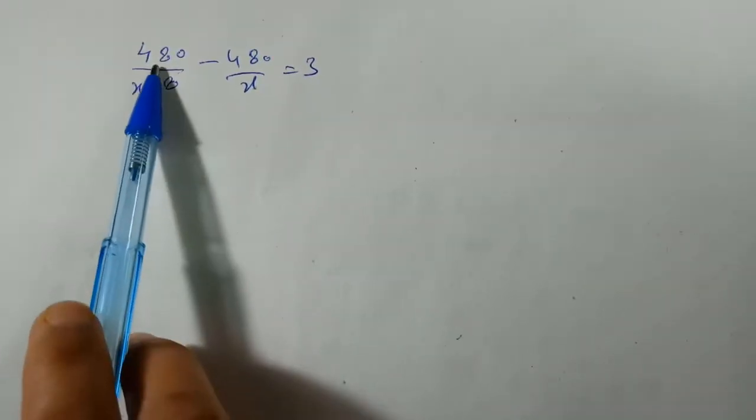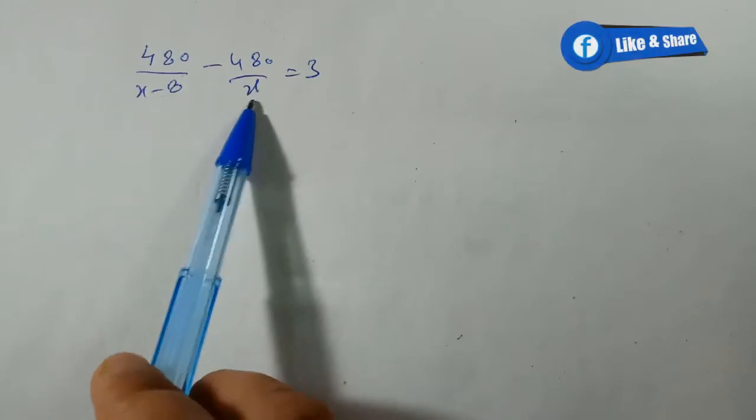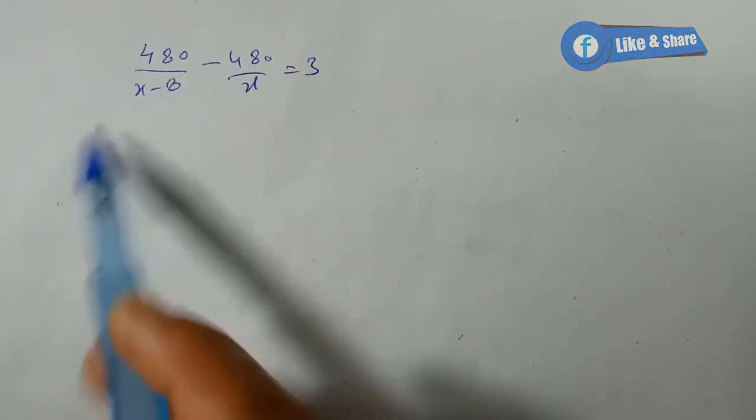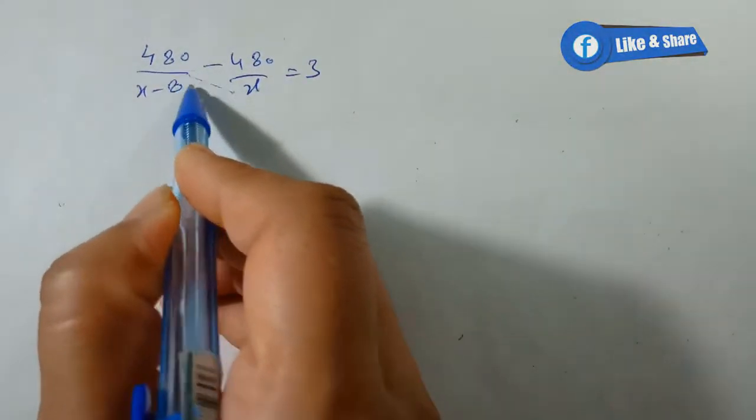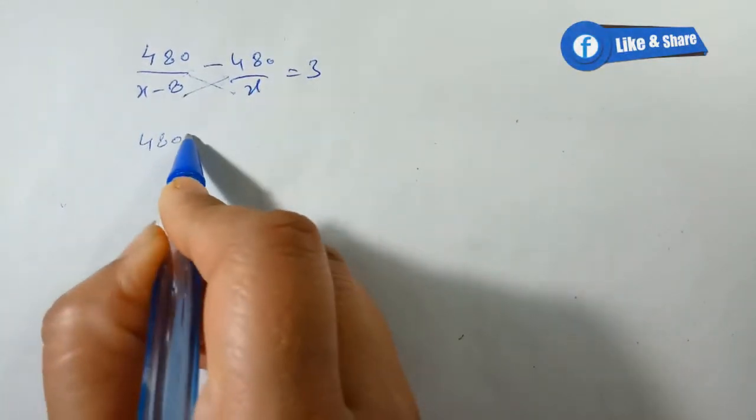That gives 480 upon x minus 8 minus 480 upon x equals 3. Now we have to take the LCM, multiplying x and x minus 8 with these two terms.